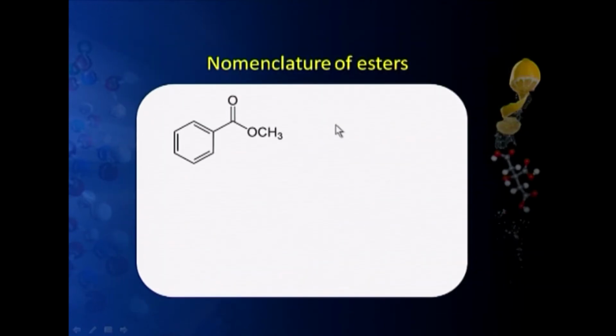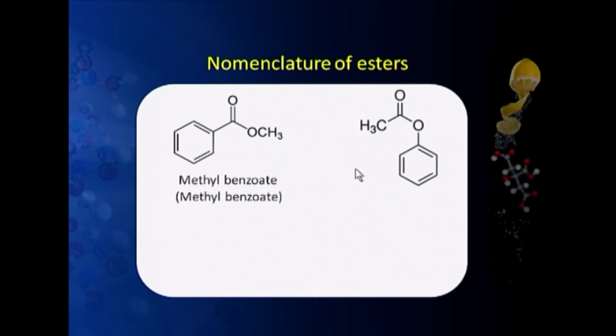We can have esters from aromatic acids also. This is the ester from benzoic acid with methanol. So, this will be named as methyl benzoate. The common name also will be the same, methyl benzoate. Now, we have to be very careful in naming the esters.